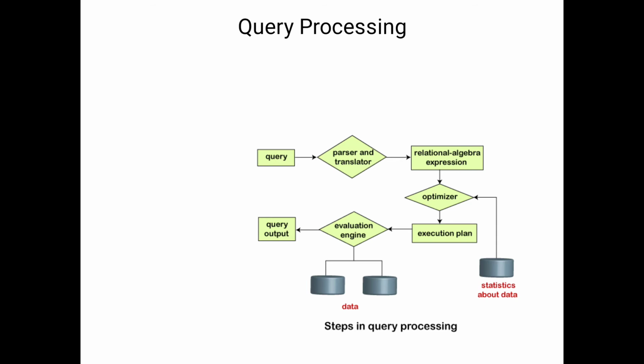With the help of statistics about data and query optimization algorithms, it is converted into the execution plan. Okay, the queries are first converted into relational algebra expressions with the help of the parser and translator. Then those are converted into the execution plan with the help of optimizer algorithms. Now the execution plan is executed with the help of the evaluation engine.